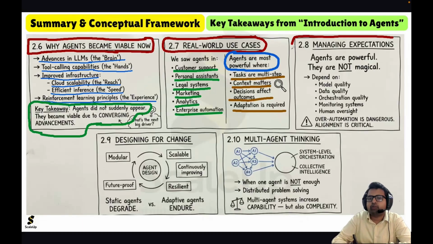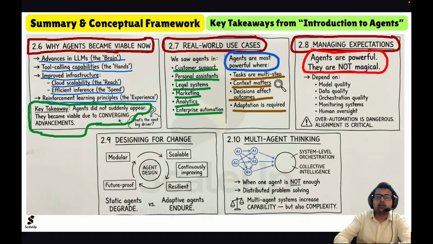It is very important to understand that agents are powerful, but they are not magical. This is a very clear boundary we have to draw, because expectation is very important. When artificial intelligence was evolving, we had very high expectations from it, and we saw something called the AI winter.